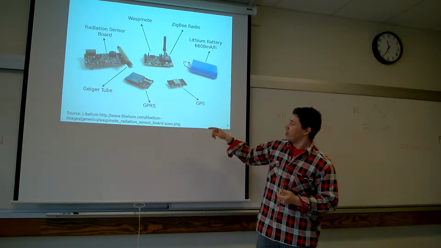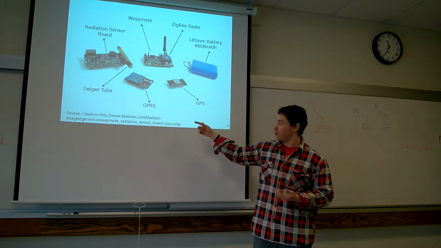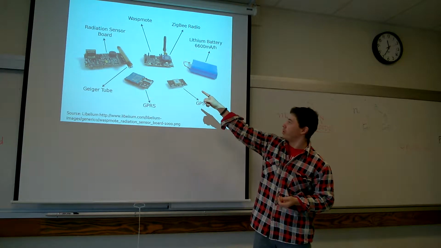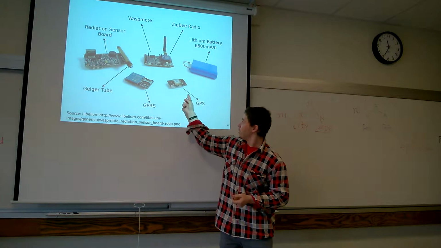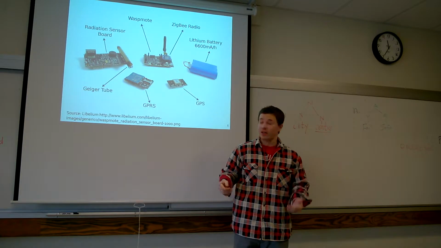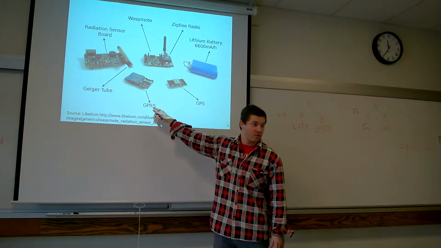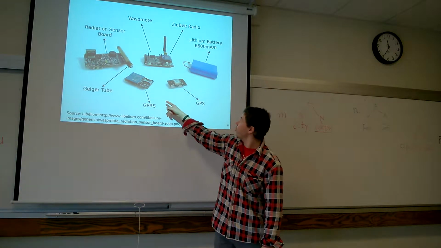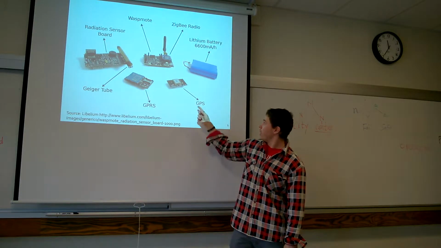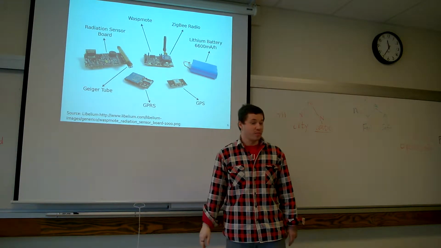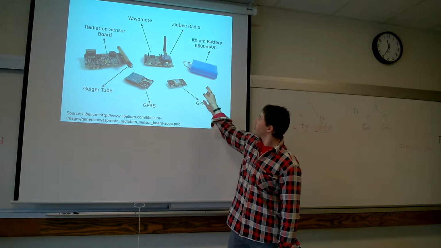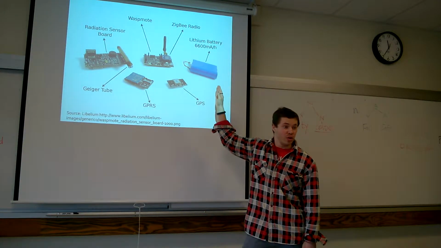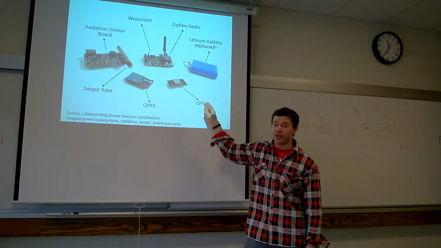For example, a Libelium node is capable of checking radiation using a Geiger tube, and is capable of connectivity via GPRS, which is your cellular network, or a Zigbee radio, and GPS to get its position. And it's all very low power. They claim that theoretically from this battery, the node could run for 1 year.